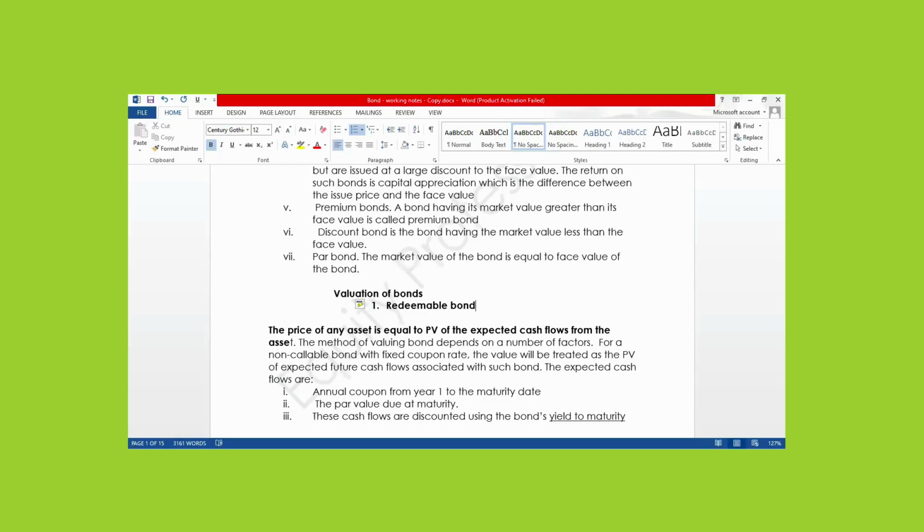It can be 4 years or 5 years. The examiner will tell you when the bond will mature. Once you are given a specific date, that becomes a redeemable bond.